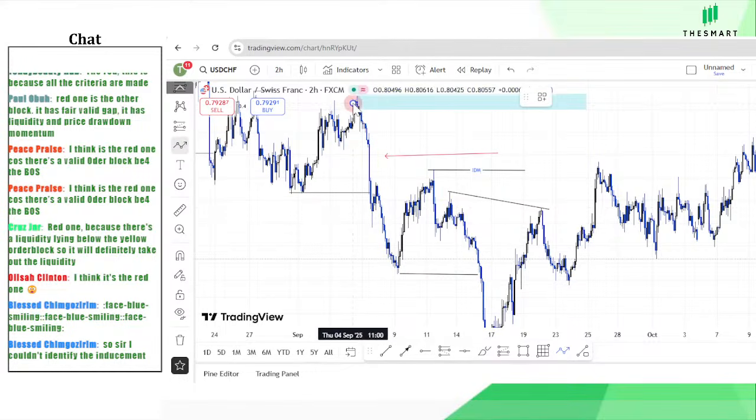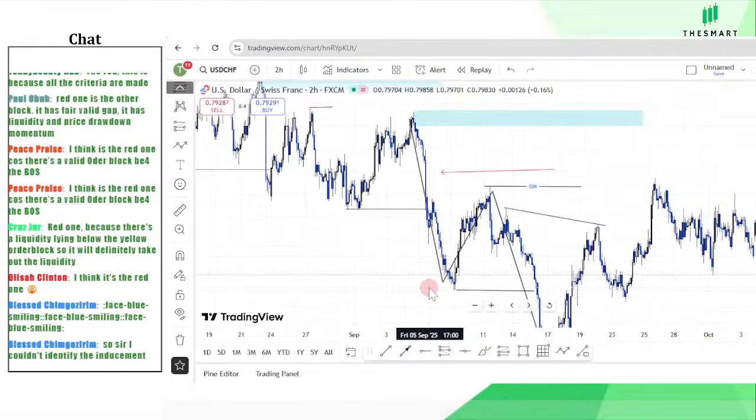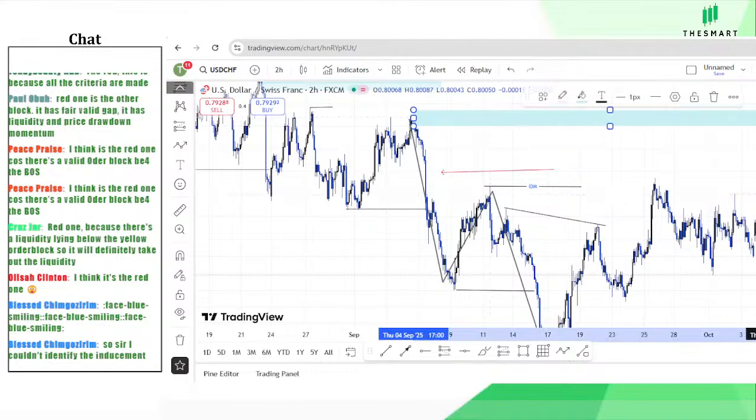This is 1, 2, and 3 to the downside. And you know, when we are drawing the price move, we said this point is always our inducement. So if this point is always our inducement, then this is our order block. So let's extend this to see.